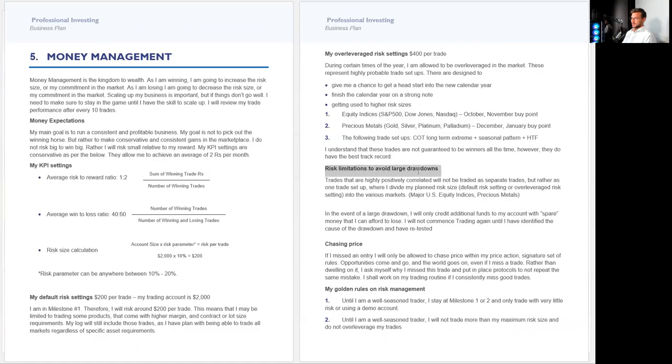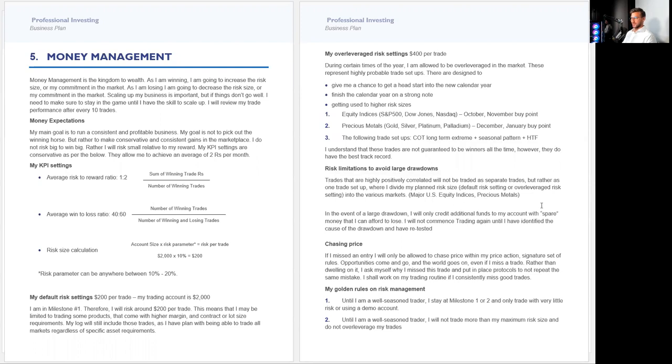There are also times, however, where we may see some things setting up all together, but we do not want to over leverage. We want to take that as one trade. So there are risk limitations. We do that to avoid large drawdowns.